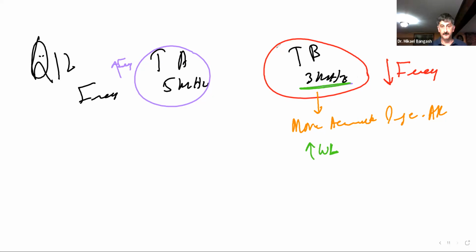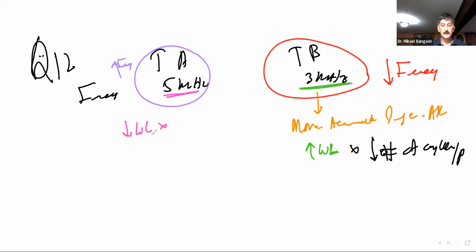But since this transducer here is still going to produce an image with a better axial resolution than the one with a higher frequency, that can only be because we will have a low number of cycles per pulse in this transducer here. Although this one has a high frequency, it will have a lower wavelength.